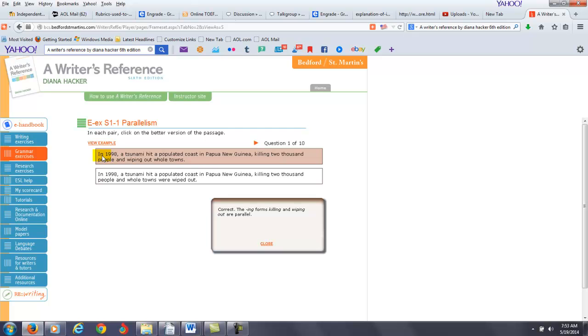So you're going to take a sheet of paper and write, "In 1998, a tsunami hit a populated coast in Papua New Guinea, killing 2,000 people and wiping out whole towns." Now, when you write it down, the next thing I would do is underline "killing 2,000 people" and "wiping out whole towns," underline both of those things, and then in parentheses, just put parallelism. This is a problem that you can eliminate more in your writing.